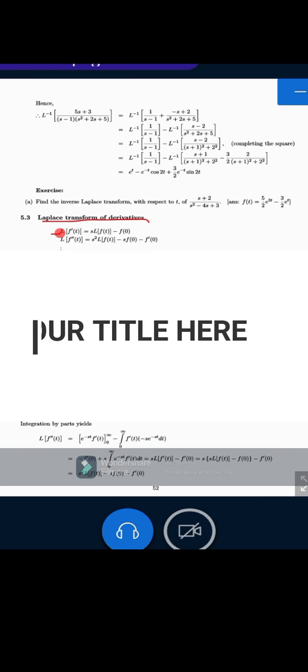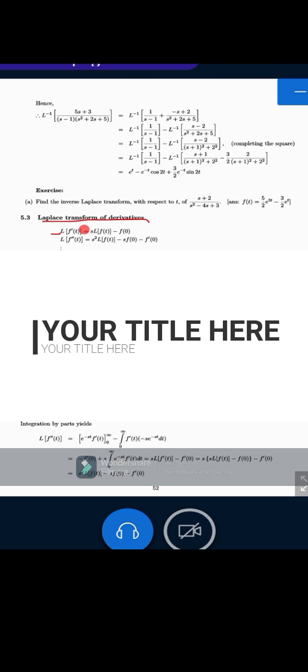So for instance, the Laplace transform of the first derivative. This L simply means the Laplace transform, and this f prime of t means the derivative of the function f of t. So it will be expressed in this form.